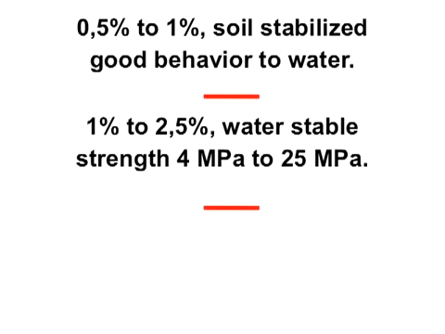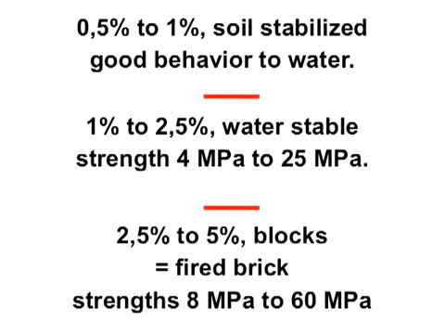If we add a little more, 1%, 2.5, we get a water-stable material that, according to the temperature, reached 4 to 25 MPa in compression. And if you add a little more, it's more expensive, but then you get fired brick. And you get something that has really high value.